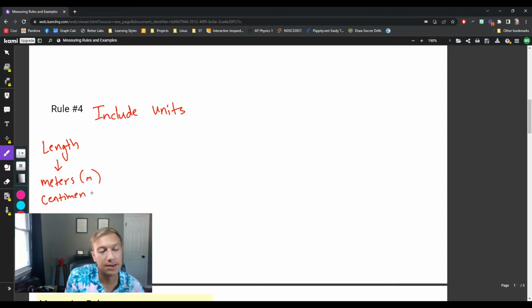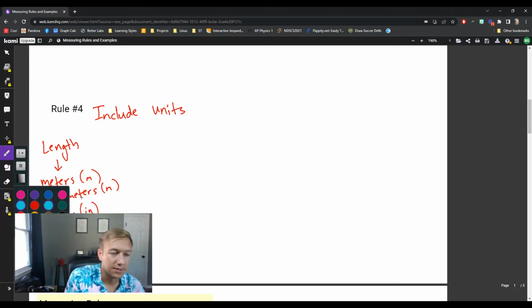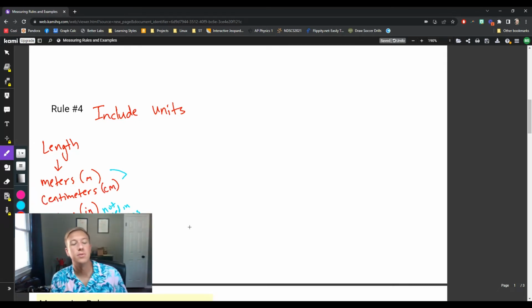Most of the time we'll use centimeters, sometimes meters. Very, very rarely, almost never, will we use inches, but outside of physics, you might use that. It's not really used in physics. Oops, I just realized I made a little mistake there. Let's fix that. Centimeters. So we use meters, centimeters most of the time for length.